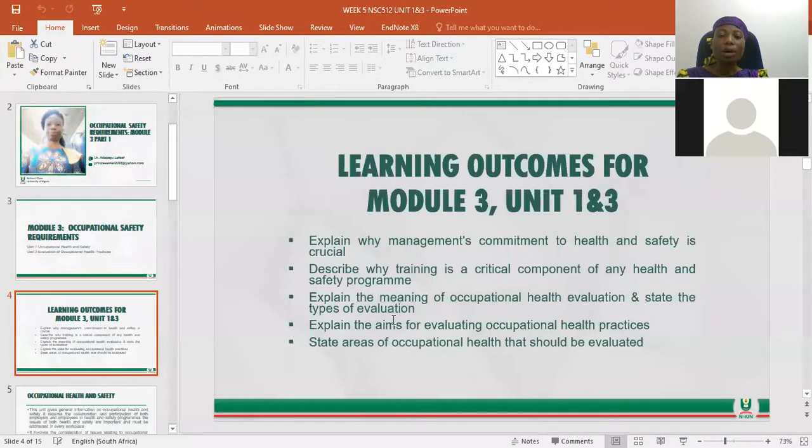At the end of our facilitation today, learners should be able to explain management commitment to health and safety to be crucial, describe why training is also a crucial component of any health and safety program, explain the meaning of occupational health evaluation and state types of evaluation. Learners should also be able to explain the aims of evaluating occupational health practice, as well as state areas of occupational health that should be evaluated.